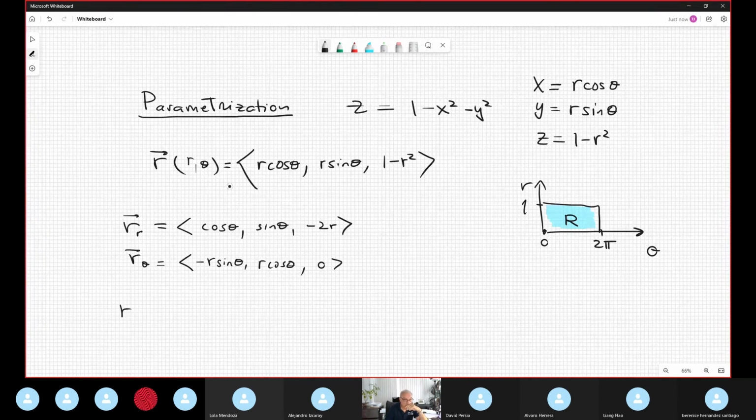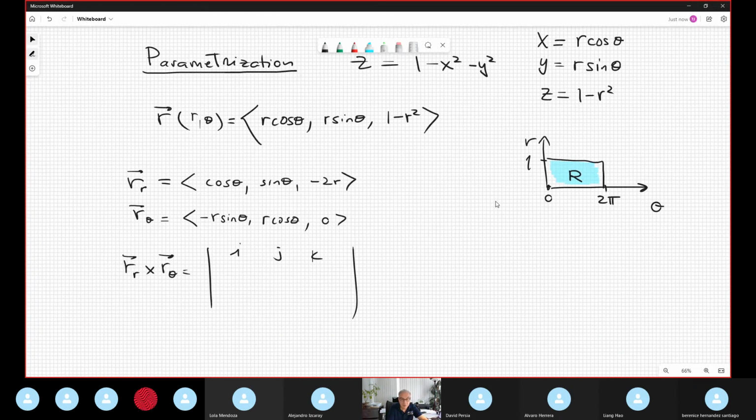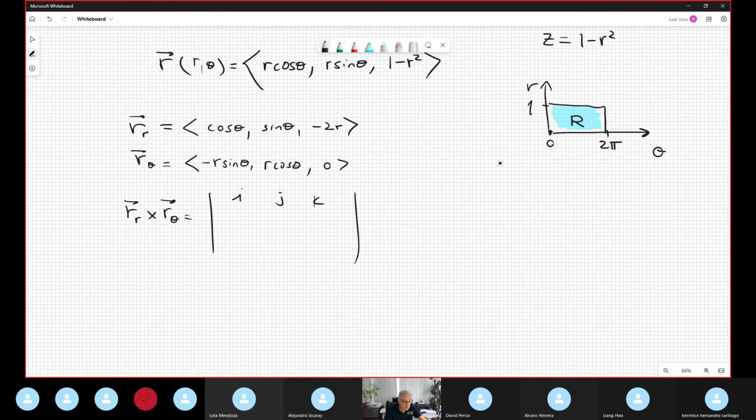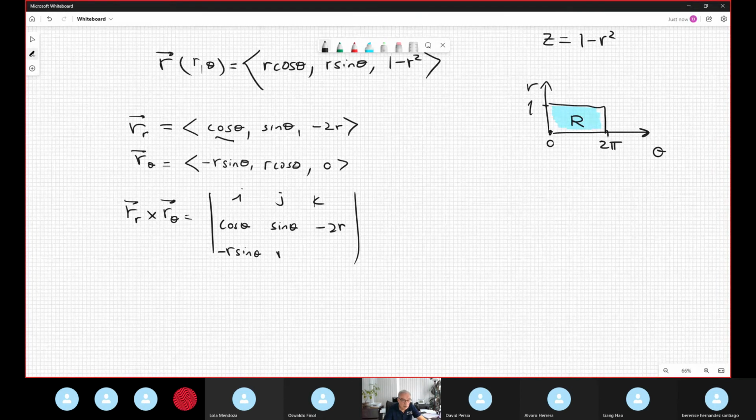And you perform a cross product between these derivatives, with i, j, k, and you copy cosine theta, sine theta, minus 2r, and you copy minus r sine theta, r cosine theta, and 0.